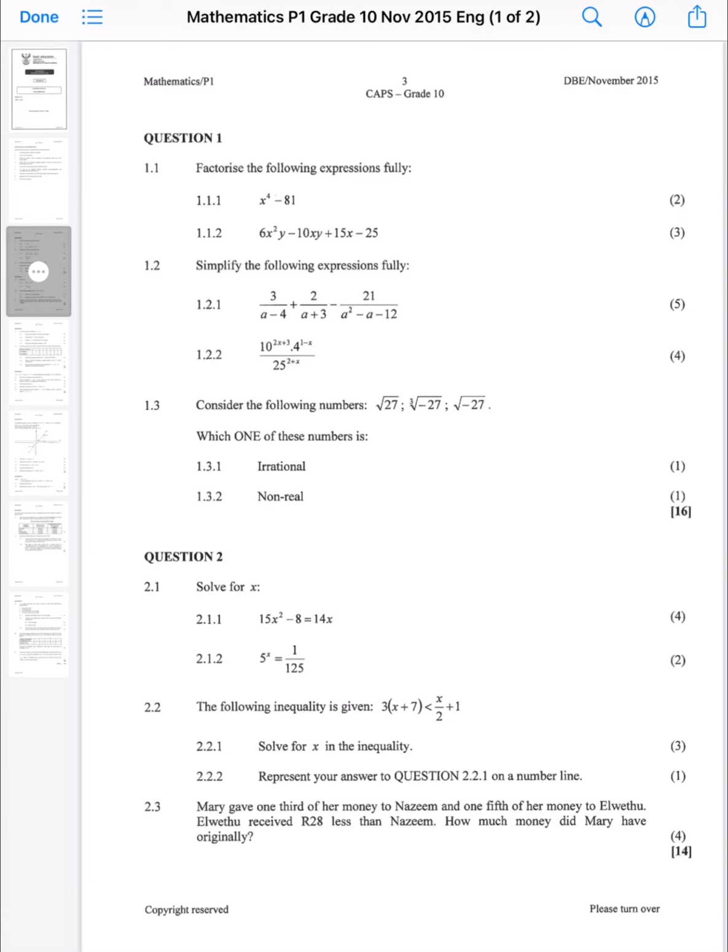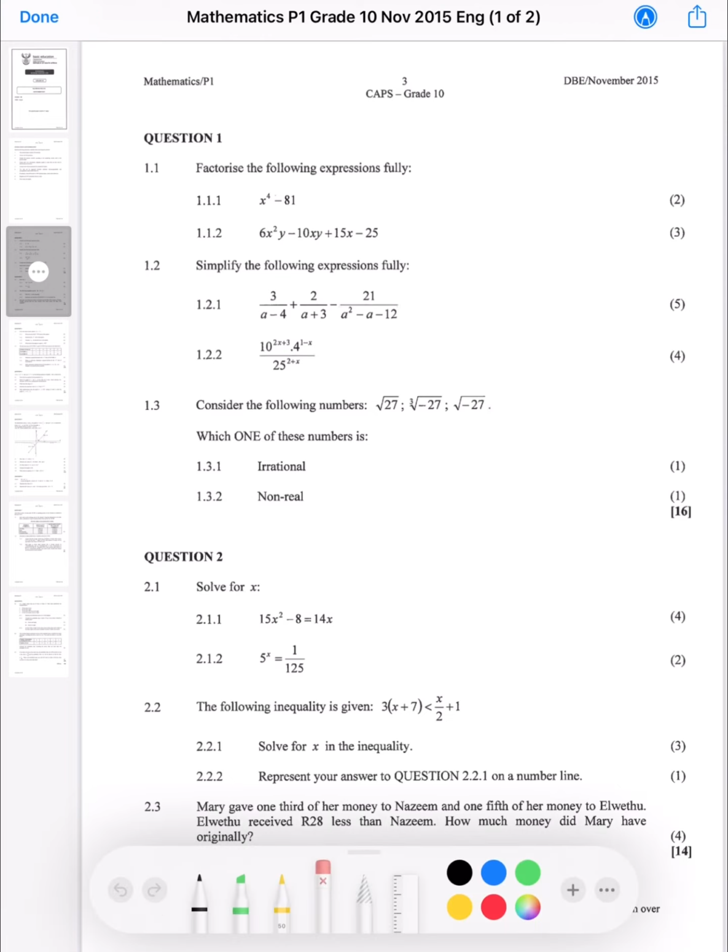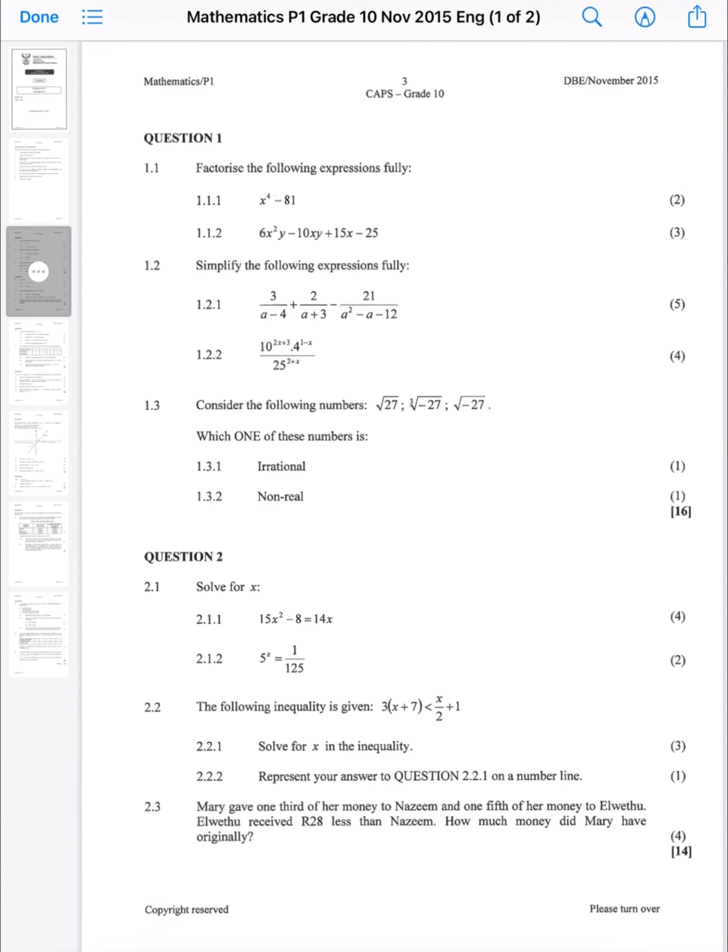Very much important, ladies and gentlemen, that at all times you pay full attention to every detail. So what I'm going to be doing in today's lesson is just to take you through this question paper. I'm not really going to be solving it, but most importantly, I'm going to do an interpretation of how you go about this type of questions.